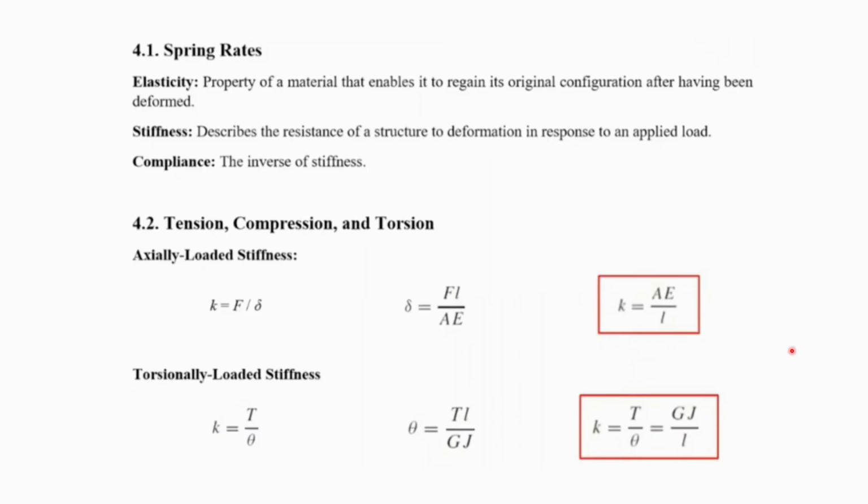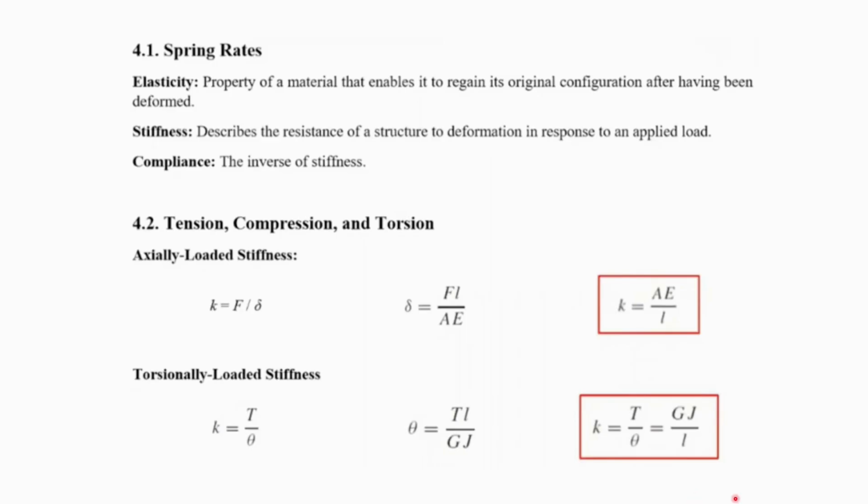Again, the axially loaded stiffness should be taken into consideration for axial loads or axial forces. However, the torsional stiffness should be taken into consideration for torsionally loaded structure. If a structure is subjected to a torsional load, then in this case, the type of the stiffness that we need to analyze is a torsional stiffness.